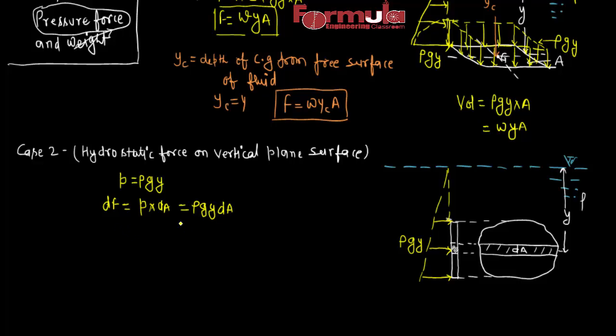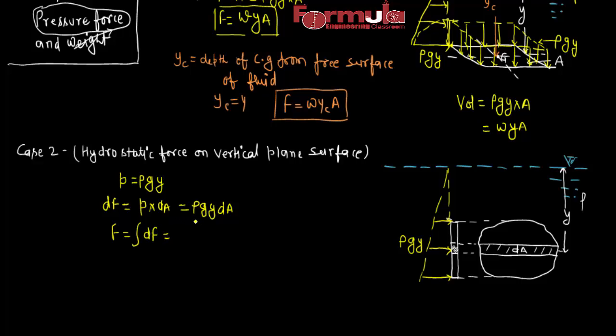This is the elementary force on this strip. So how can we calculate the total force? Simply by integrating this elementary force, we can calculate the total force exerted by this fluid on this vertical plane surface. So F will be equal to the integral of dF.